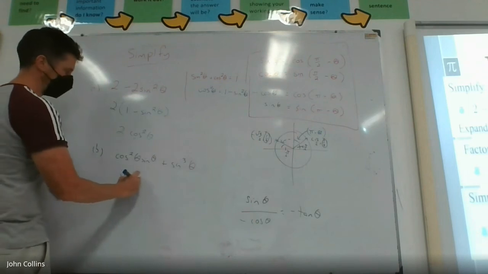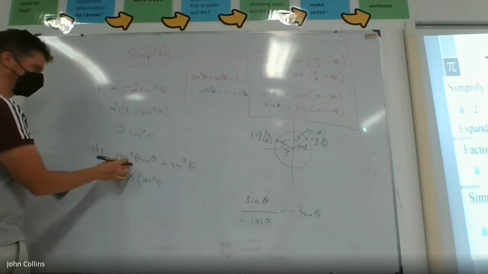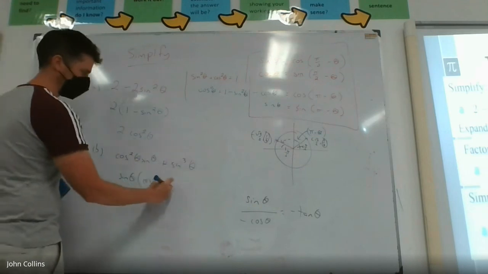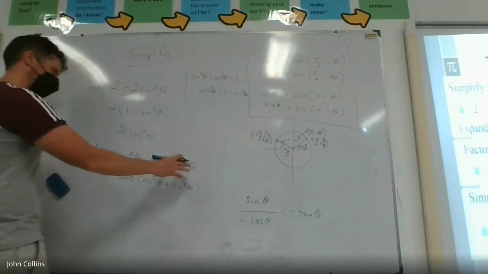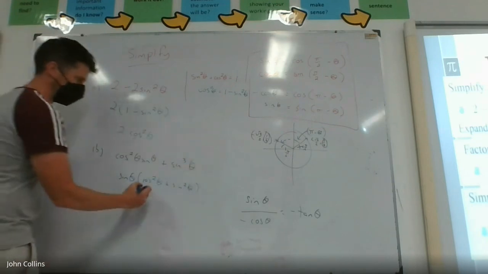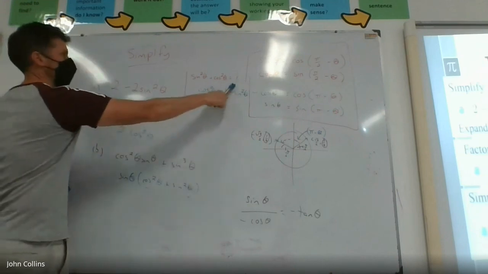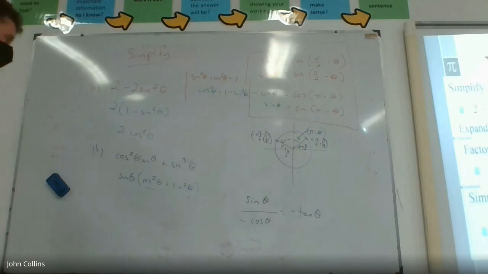So I take out my sine theta, left with cosine squared theta from this one. And from this one, I'm left with just sine squared theta, because instead of multiplying by itself 3 times, it's just twice, because this one's outside, it's factored out. Sine squared theta plus cosine squared theta is 1.